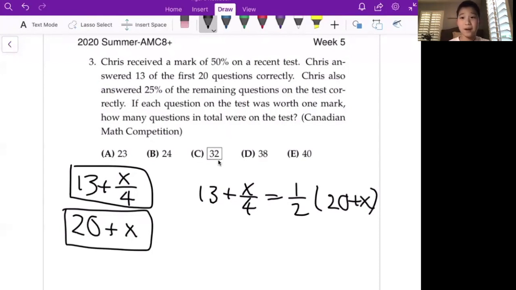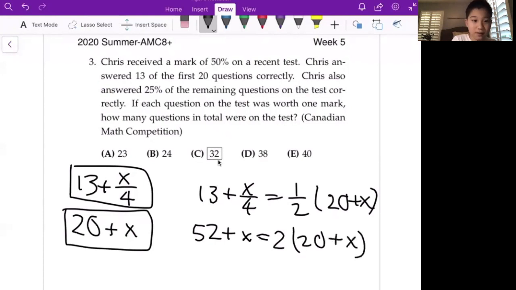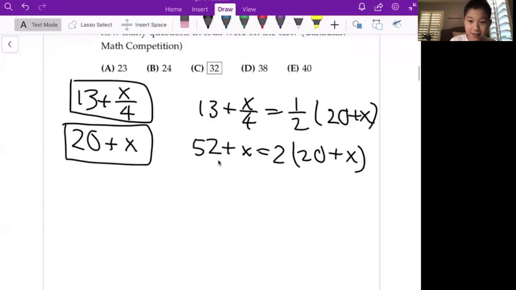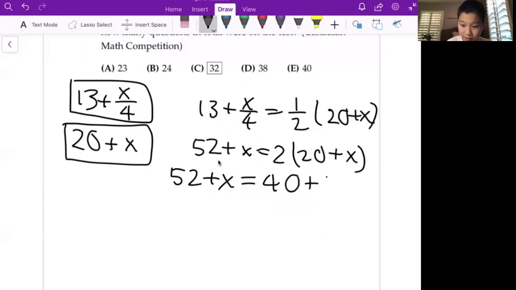Now, these fractions are kind of annoying. Let's get rid of them. Let's multiply by 4. So it will cancel out the fractions. 52 plus x equals 2 times 20 plus x. Then let's expand to get 52 plus x equals 40 plus 2x.